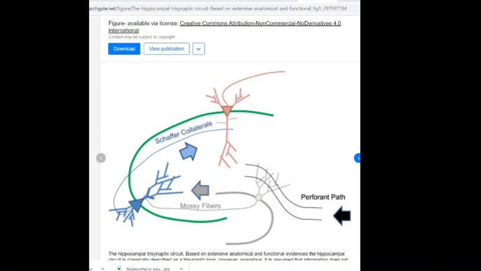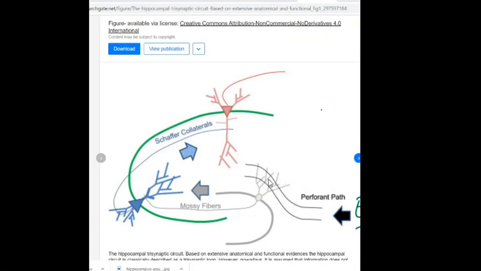So here's a much more simplified way of looking at it, which is ignoring the basic structure of the hippocampus so we can just see what the actual circuitry is. So the important elements here are, first of all, you have the perforant path coming from the entorhinal cortex.